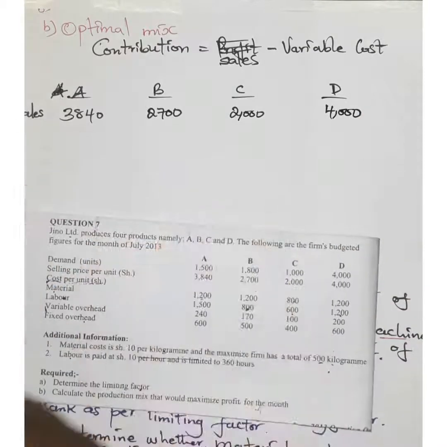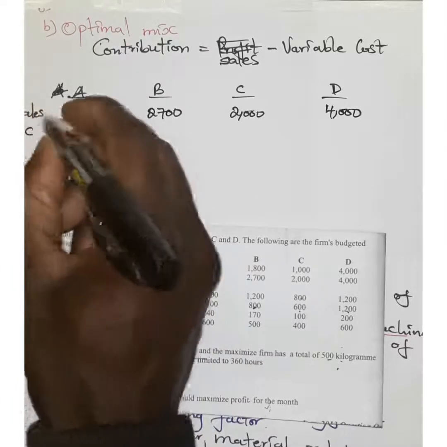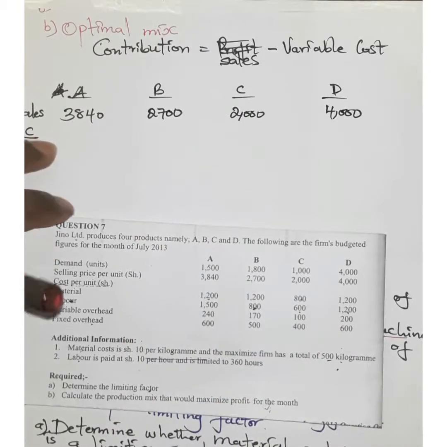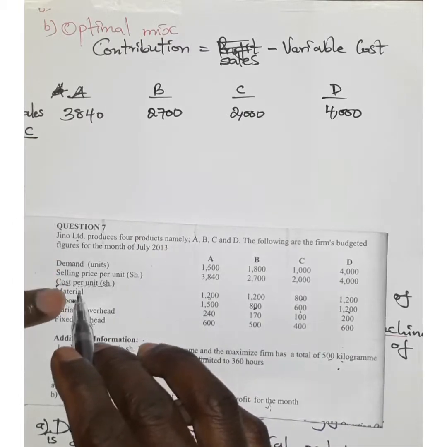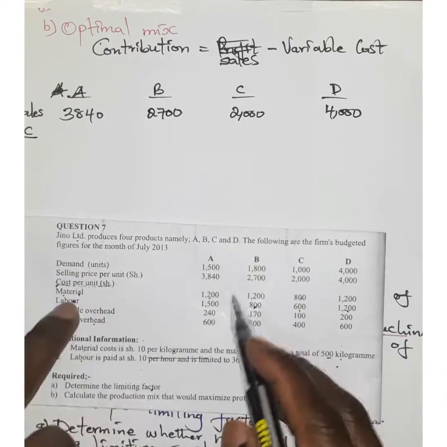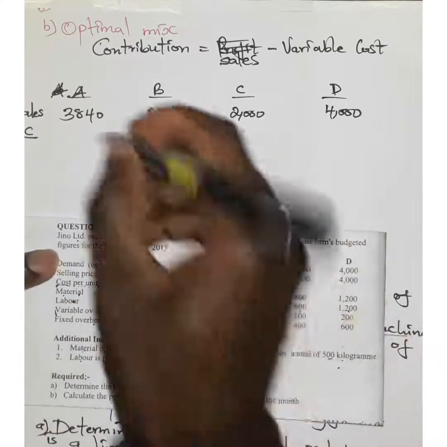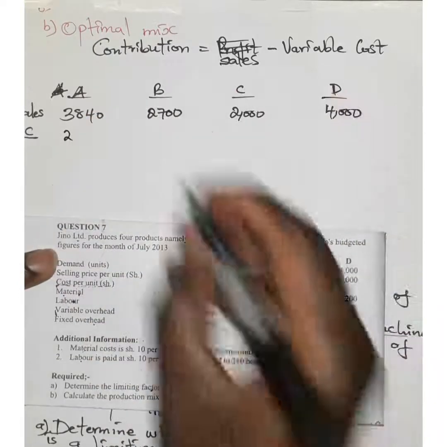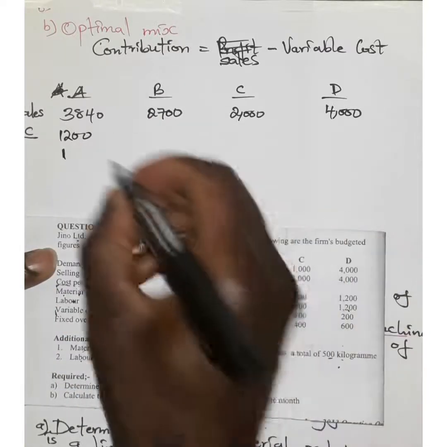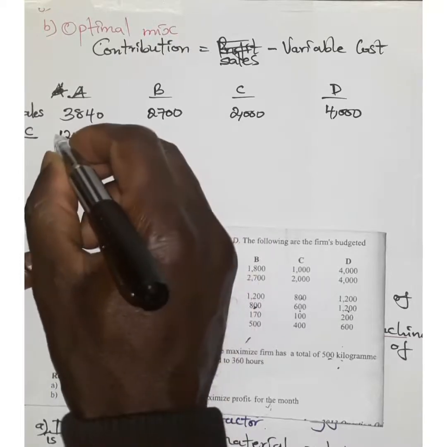We're supposed to less the variable cost. And our variable cost here has so many components. The first one is material. For A it is 1200. Labor is 1500. Then variable overhead is 240. So we shall have 1200, 1500, then 240.